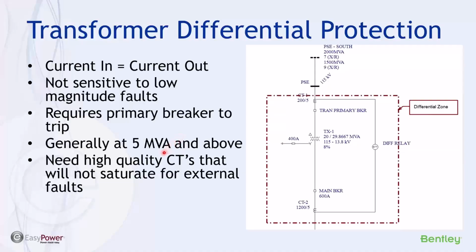At the same time, you need high quality CTs that won't saturate for external faults. And the biggest advantage is that they are very fast. The relays themselves are very fast acting. And the placement of the CTs describes the zone of protection. And in this case, we're including both the main breaker downstream and the transformer primary breaker upstream as part of that zone.